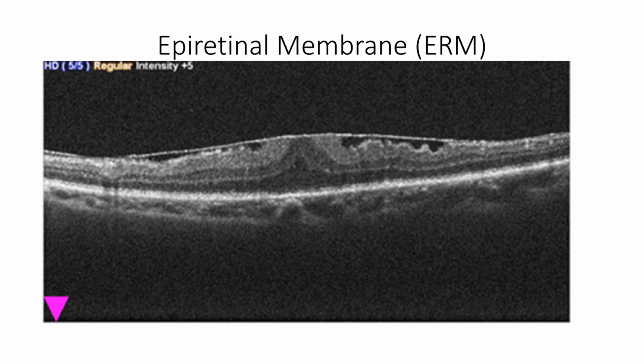So instead of having a foveal dip, we have an elevated fovea, which is because of the pull and distortion caused by the epiretinal membrane.